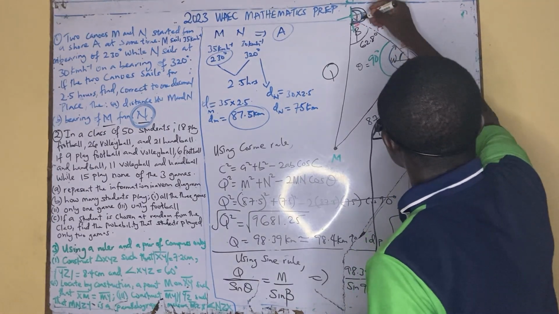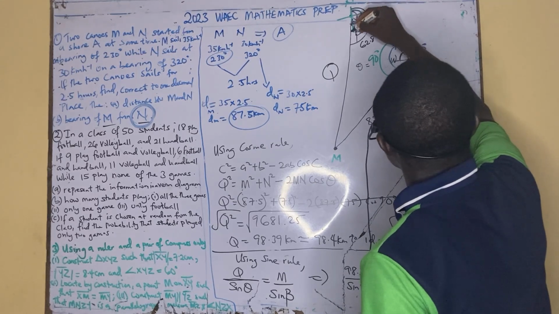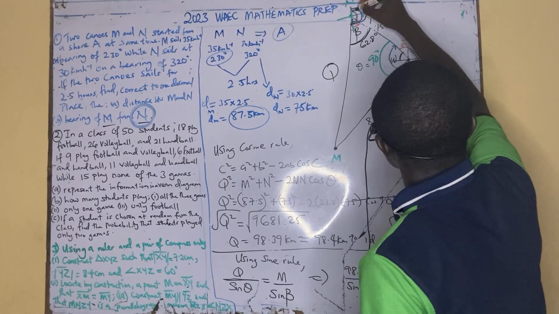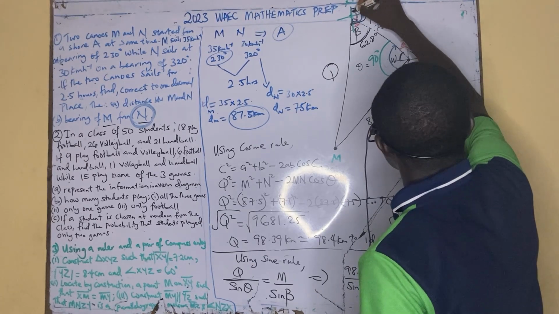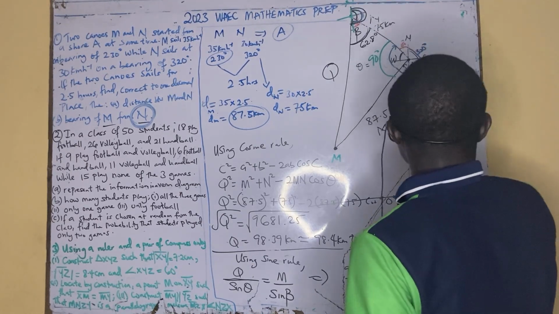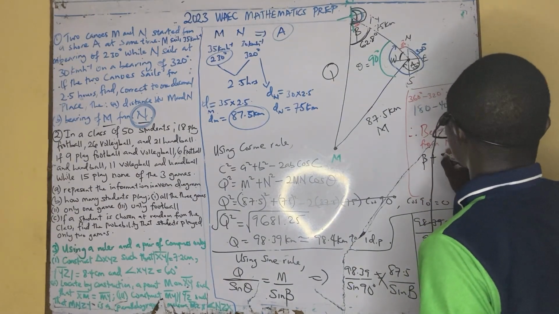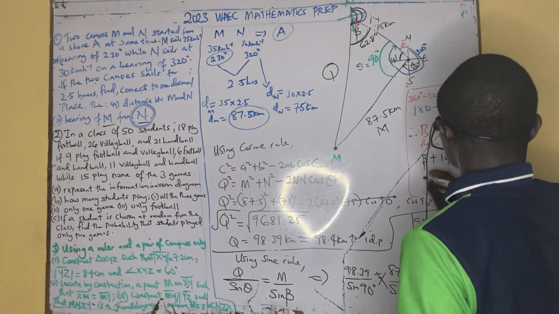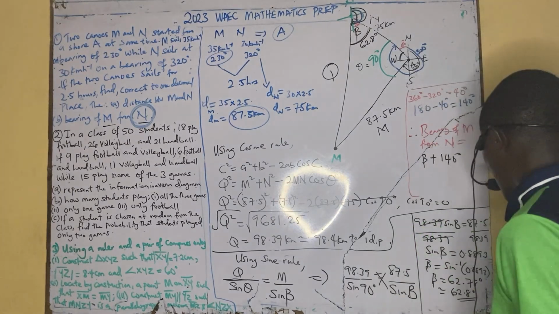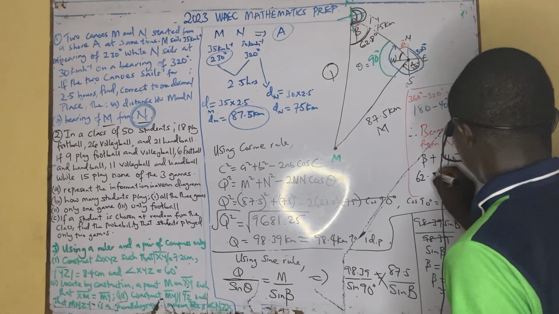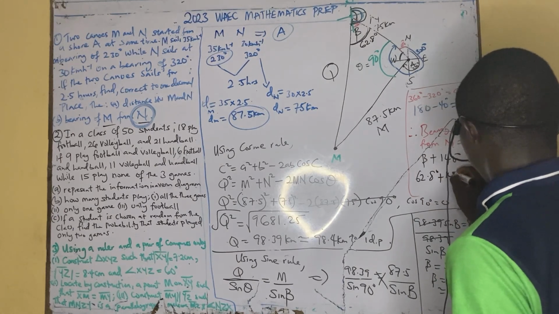So it's now going to be what? It's now going to be the angle theta here plus the angle 140. So it's going to be angle beta plus angle 140 degree. So I've got your angle beta, which is 62.8 degree, plus 140 degree.